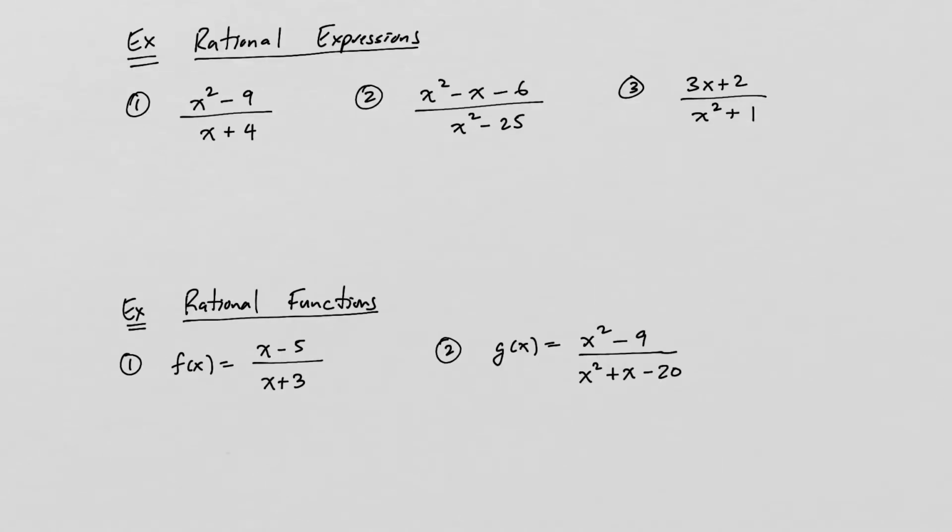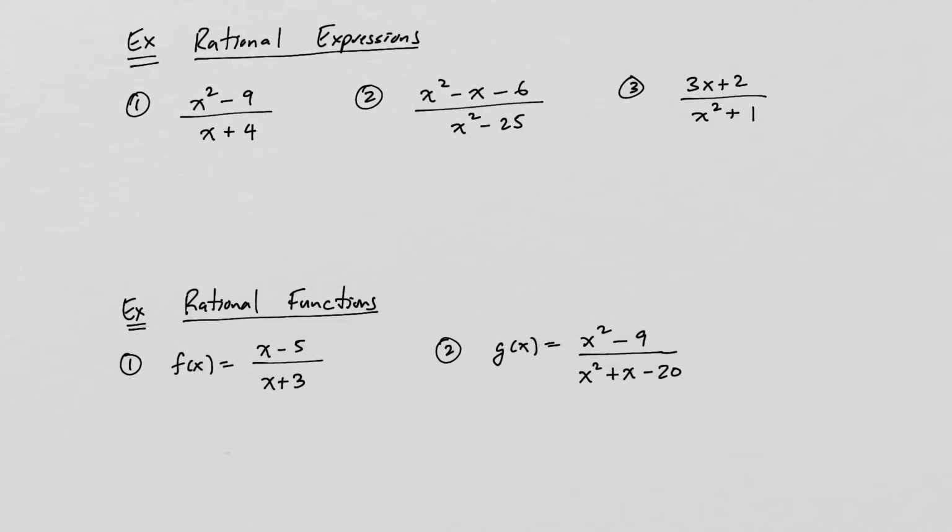So here we have the rational expression, x squared minus 9 over x plus 4. You could even say x squared minus 9 divided by x plus 4. But usually I use the word over instead of divided by, because we're not actually going to divide these, at least not yet.